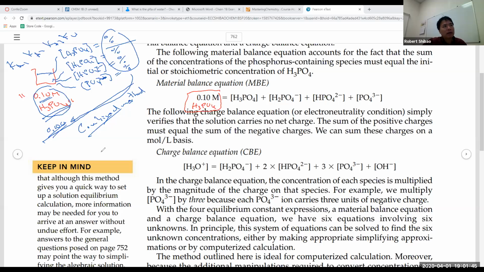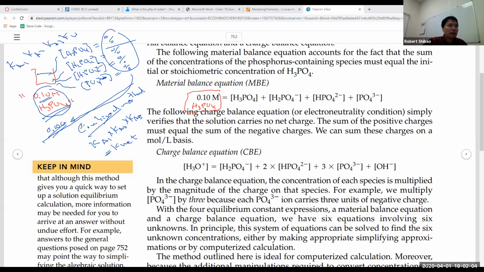The law of mass action is that atoms can't magically appear or magically disappear. In the combined method, what I did was I just said, okay, I'm going to combine Ka1 times Ka2 times Ka3. That is, I'm going to add up Ka1, Ka2, and Ka3 to make one equation, which I called Knet.